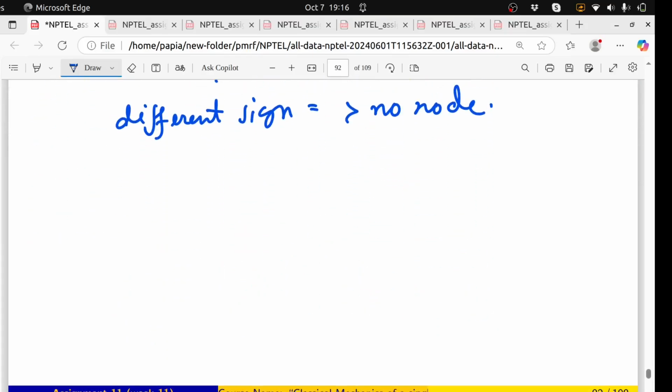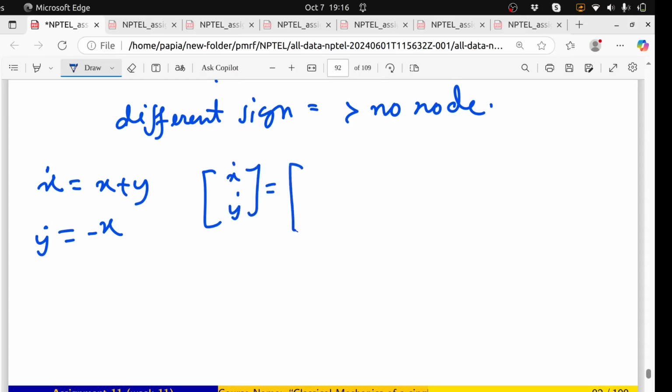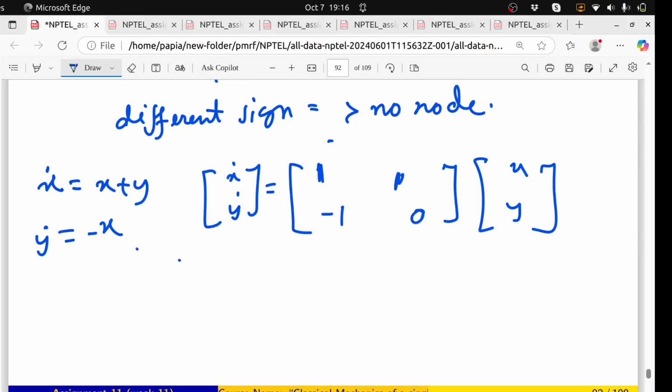Now coming to the next option. Next option is x dot equals x plus y, y dot equals minus x. So this will be x dot equals x plus 1 y. That means here 1, here 1, there it will be minus 1, there it will be 0. Now for 1, 1, minus 1, 0, what will be the lambda?